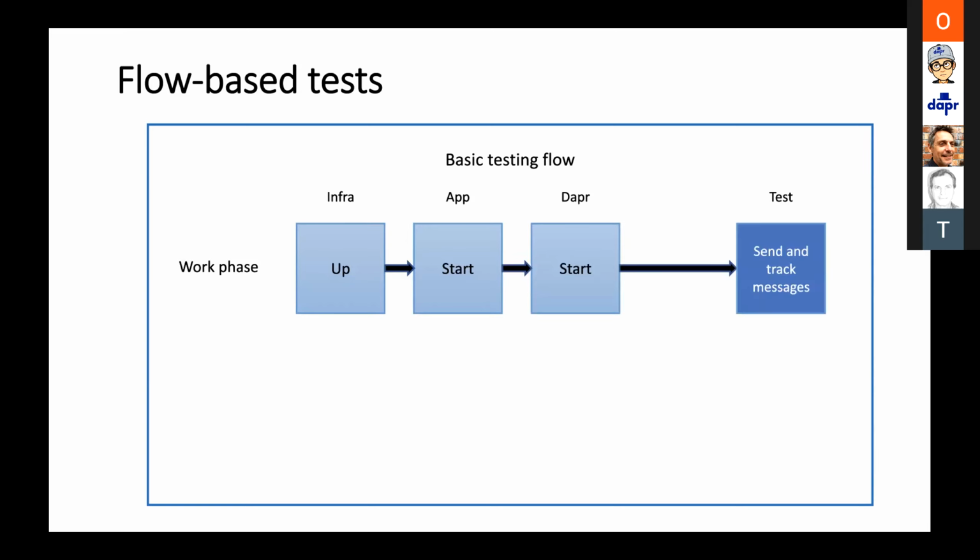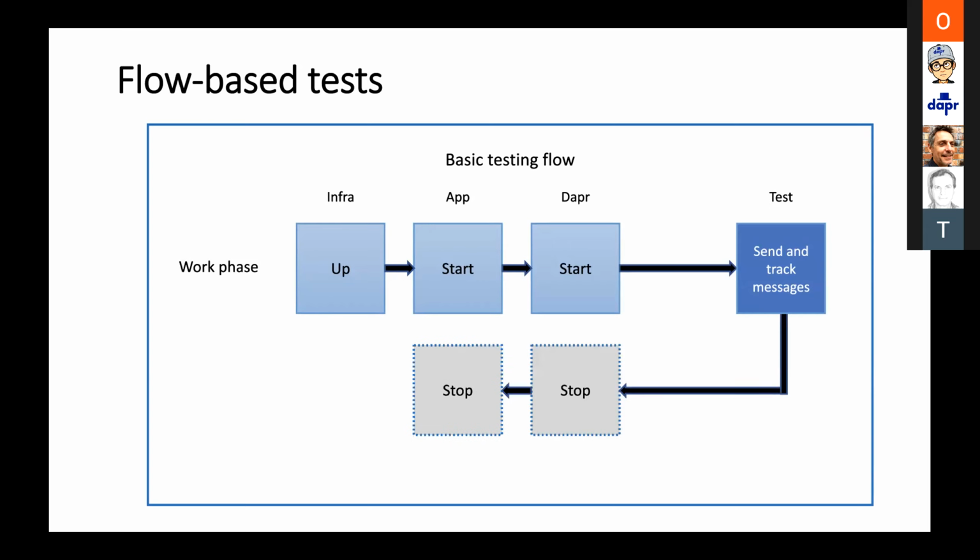The piece you're testing is whatever workflow you're testing. In the Kafka scenario, that's the sending and tracking of messages. And then we go in the reverse order. We keep stopping each application one by one and bring down the Kafka brokers. That's the cleanup phase, and that completes the flow for our test.